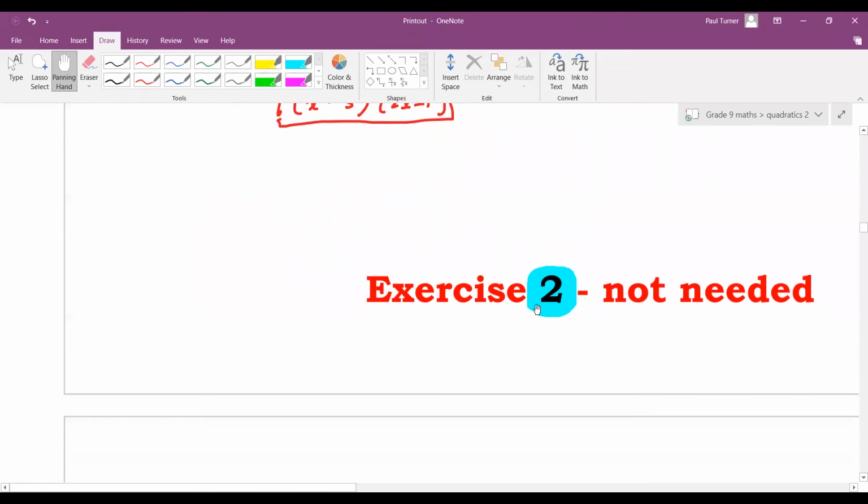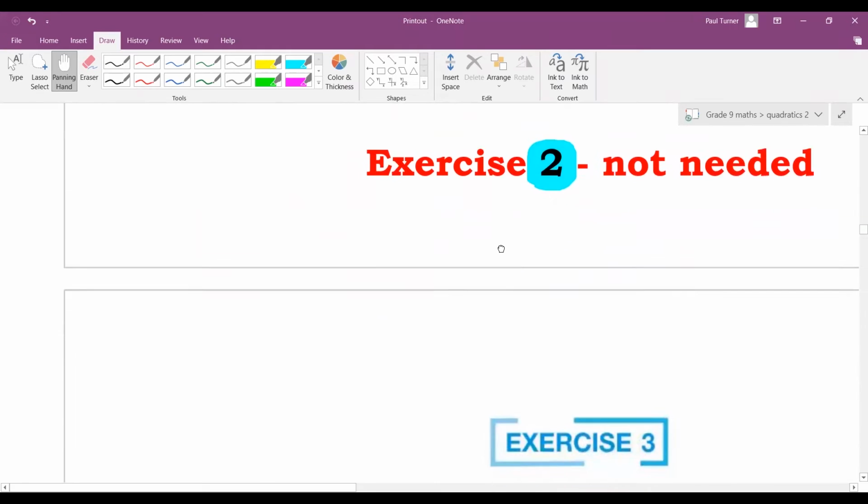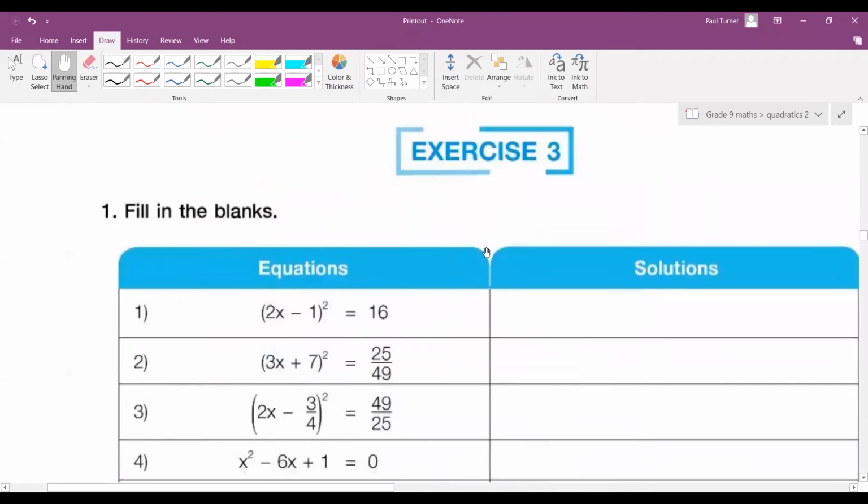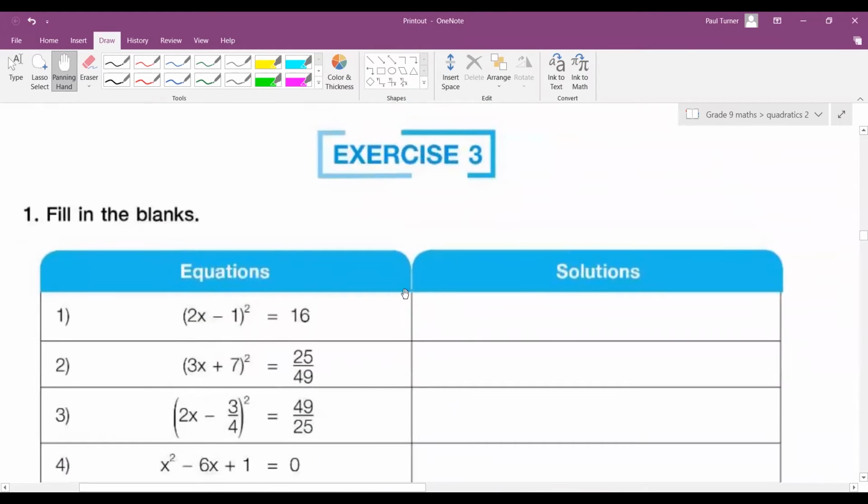Okay, so we'll skip exercise 2 because that's just a bit on factoring and there's only a few questions there. So what you can do now, go look at question 1, exercise 3. Okay, so open that up. In the first 3 questions, you will see it's already a complete square like that.